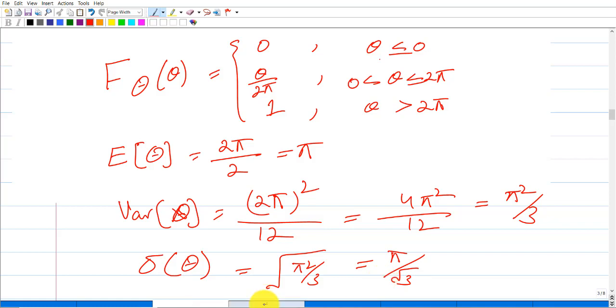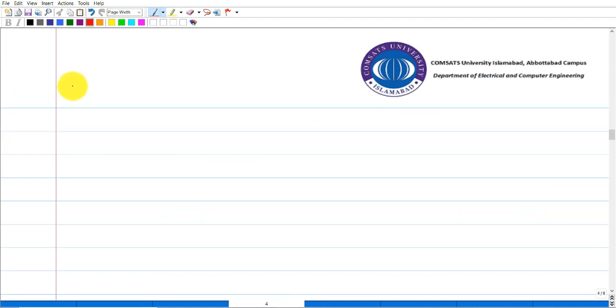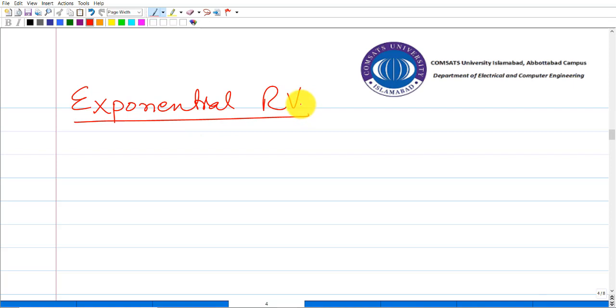So the next family of random variable is the exponential random variable. The exponential random variable is related to the geometric in the discrete random variables.